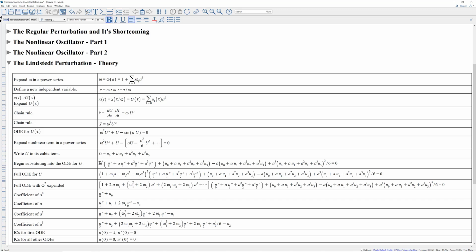Let's look at omega squared. So let's take this omega, here's omega, and we're going to have to square that. And everything else stays the same for a moment.